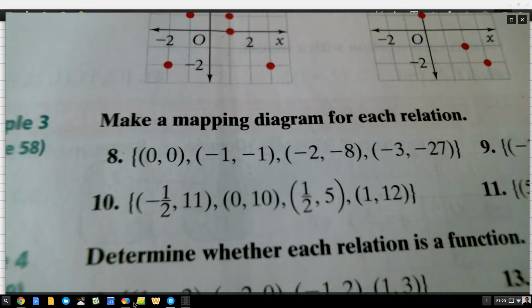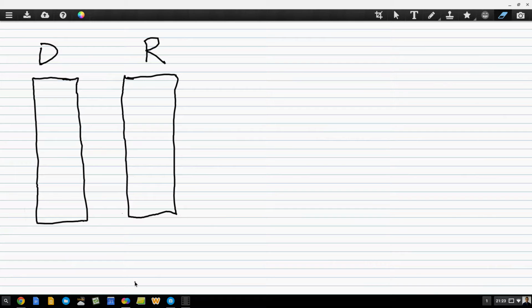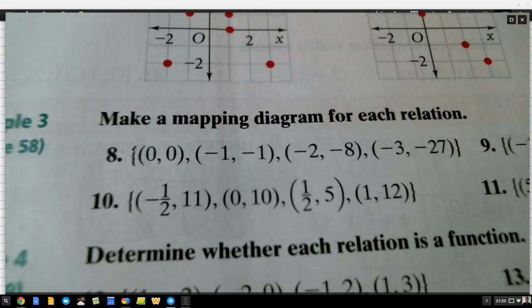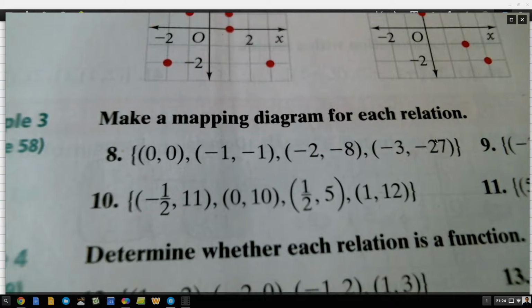Okay, so let's go back to our homework. So -3, -2, -1, and 0. That is our domain. And what is range? Remember, the range is basically the output. So what would the output here be? The outputs are 0, -1, -8, and -27.